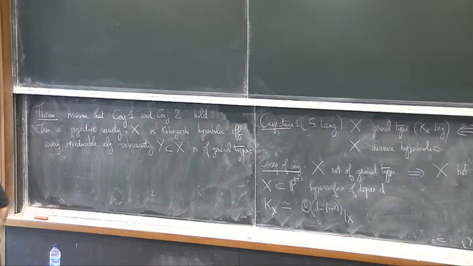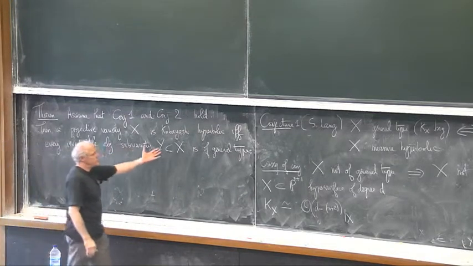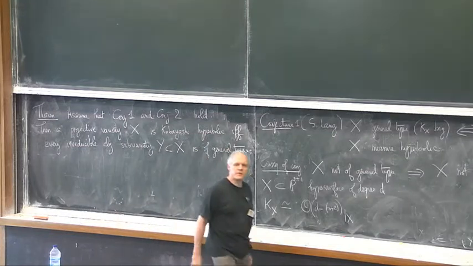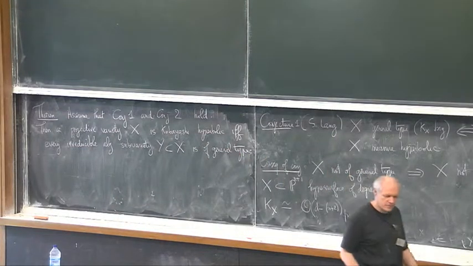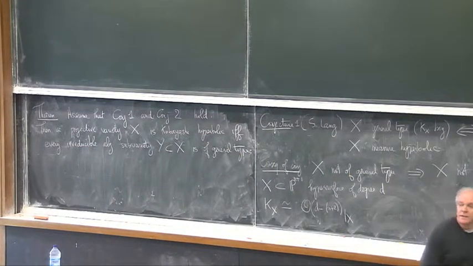So the fact of being of general type is just an algebraic property. You compute the canonical bundle, you compute sections, so it's a pretty well understood concept. Of course, you have to know about all subvarieties, so it's still difficult.